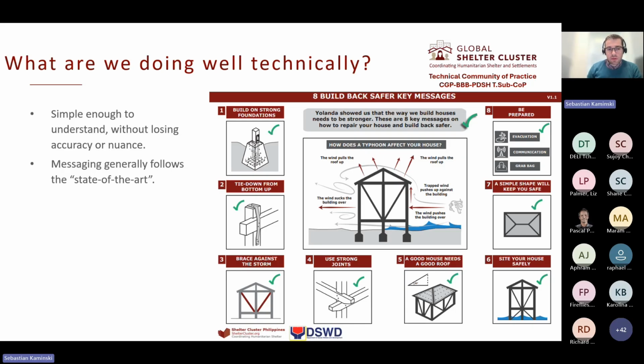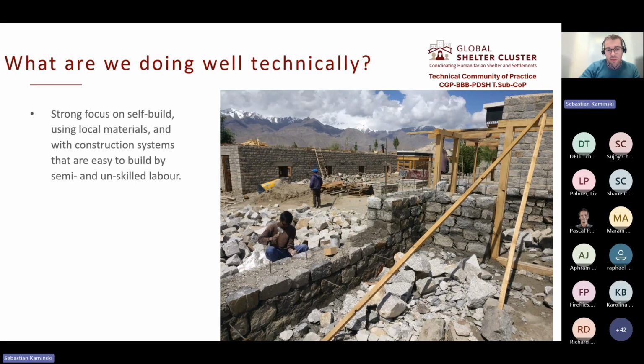And the messaging generally also follows the state of the art. And as the state of the art changes, the state of the art in structural engineering and durability and seismic design, I have seen them move, and that's very good as well. Also, the sector now focuses a lot on self-build using local materials, community-driven, and construction systems that are easy to build by semi-skilled and unskilled labor.